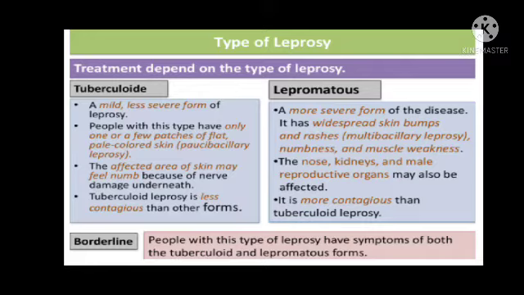Next, types of leprosy. Leprosy is mainly of three types: tuberculoid, lepromatous, and borderline. Tuberculoid is less severe as compared to lepromatous, and people with tuberculoid leprosy get patches of flat, pale yellow colored skin, whereas lepromatous is more severe and widespread skin bumps are formed.